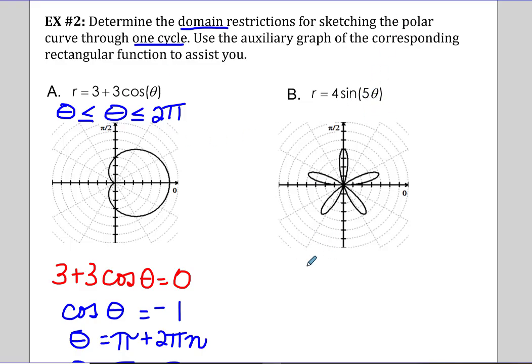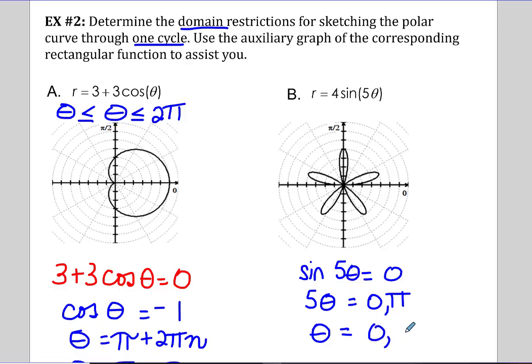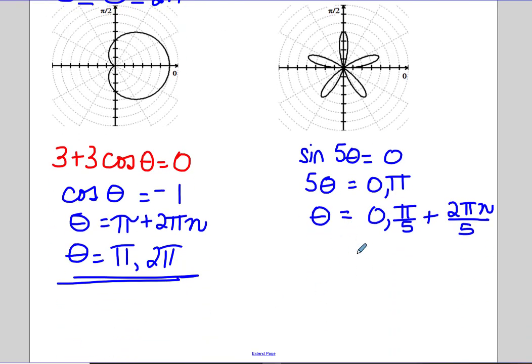For sine of 5 theta, again, I solve for the zeros. I'm looking for where the sine of 5 theta equals 0. Sine is 0 at 0 and at pi, but sine has 2 pi for a period. So 0 divided by 5, and pi divided by 5 plus 2 pi in our cycle divided by 5, gives me a starting point so I can see what it'll take to get one full complete revolution of that graph.